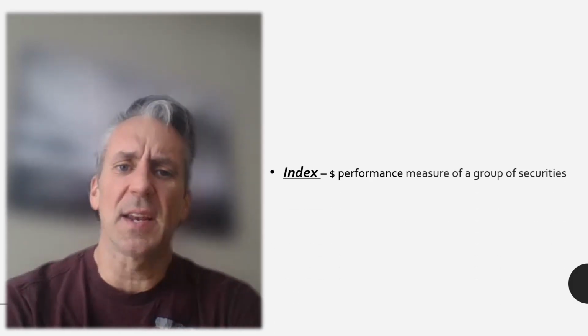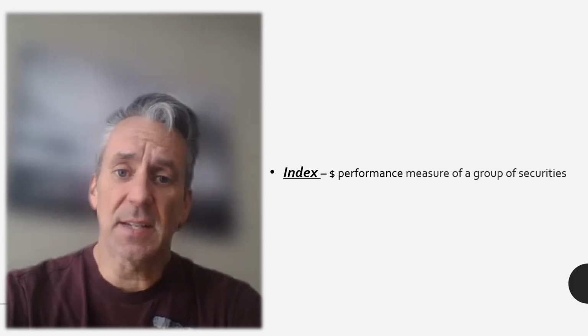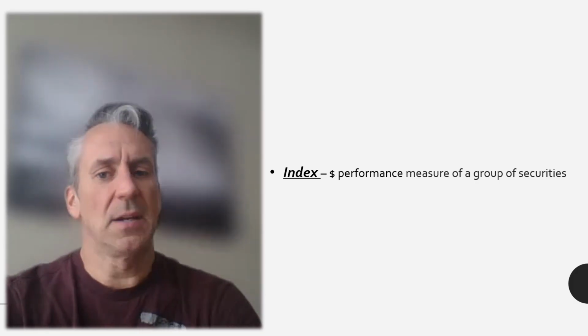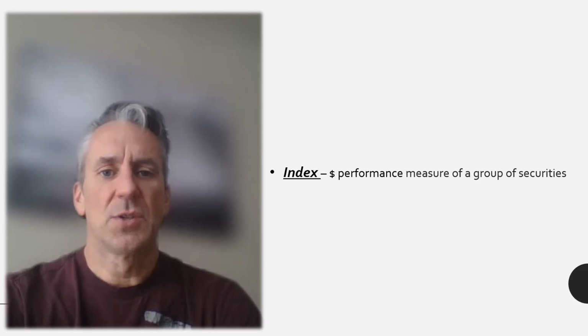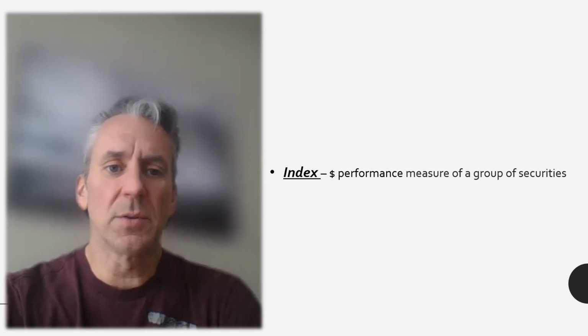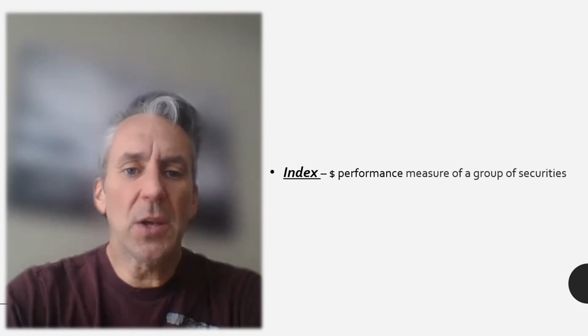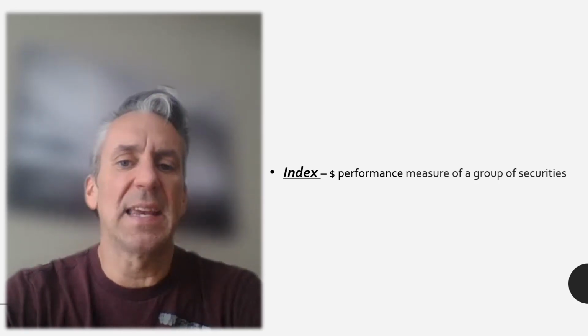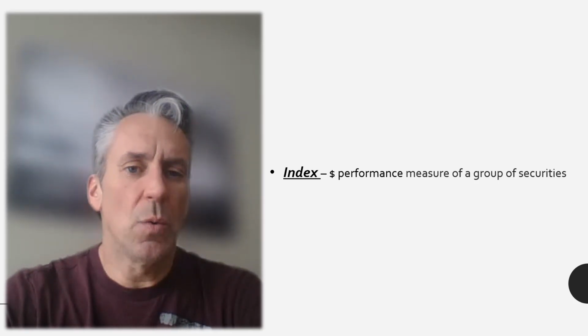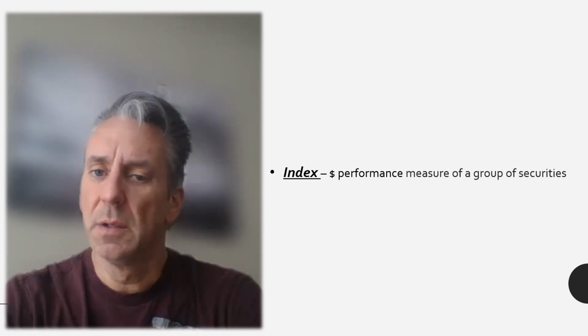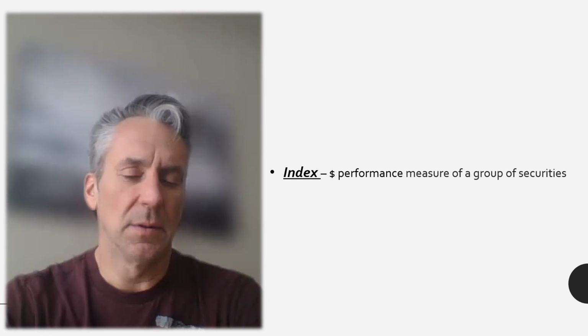Wait a minute. I want to know, what is an index then, you ask? Well, an index is just a collection of companies calculated out to a single trading price. There are several different indexes available to us and they are generally used as a benchmark to evaluate an investment's performance against. This helps you gauge if your investment in a company performed well compared to its peers in the field.